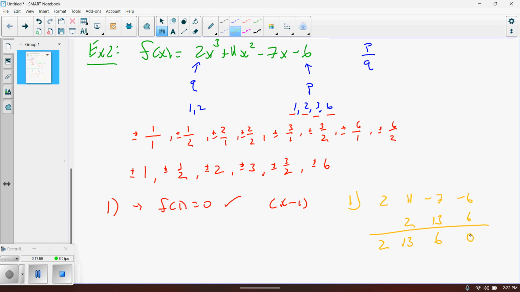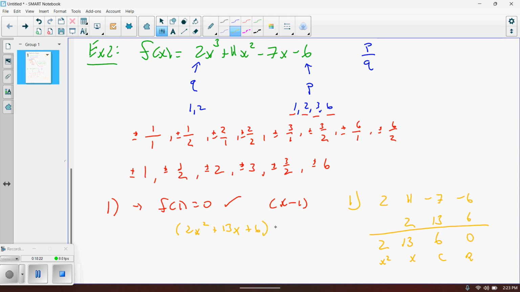And like I was hoping, we have no remainder. So remember, this is your remainder, this is your constant, that's your x squared. So what we have for our remaining factor is going to be 2x squared plus 13x plus 6.